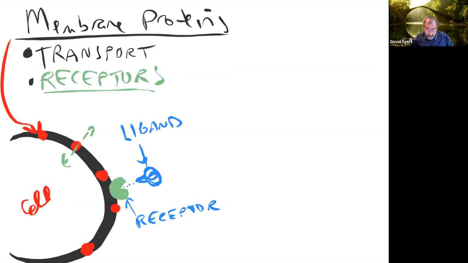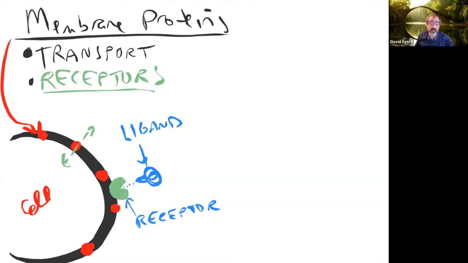They might just be on their own and set up a chain reaction that we're going to be talking about in more detail. So this could be a receptor for a neurotransmitter, so a nerve cell knows that it's getting talked to. This could be a receptor for a hormone, which is a signaling molecule, so the body knows that insulin just got released.